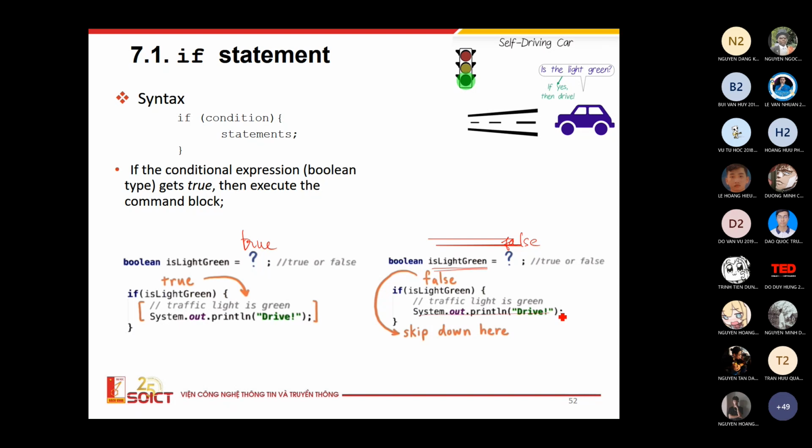I will not print it. You skip down here and you continue with the end of the program. And remember the condition here, you have to write it down as a conditional expression.